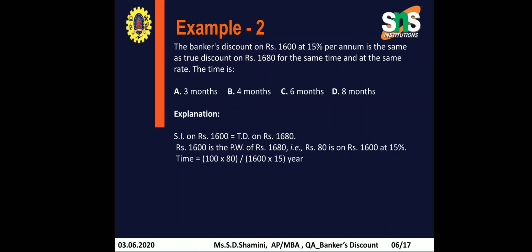So the time is equal to 100 into 80 divided by 1600 into 15. If you calculate this, you will get 1/3 years, which is nothing but 4 months. So your correct answer is option B, 4 months. I hope you are clear with this problem.